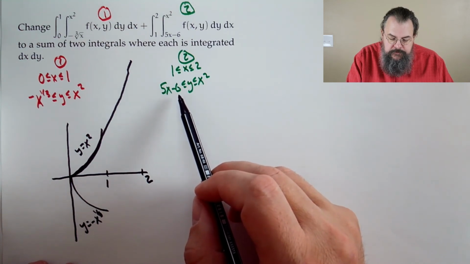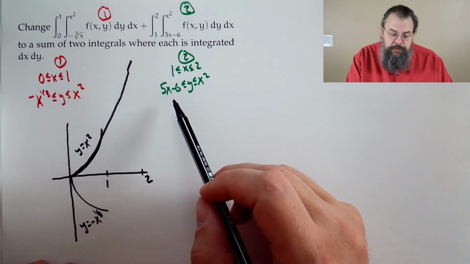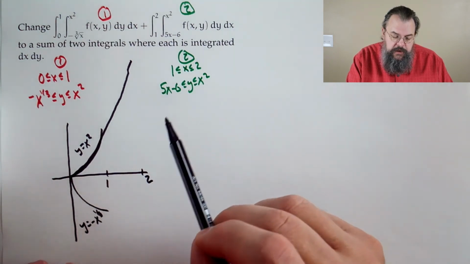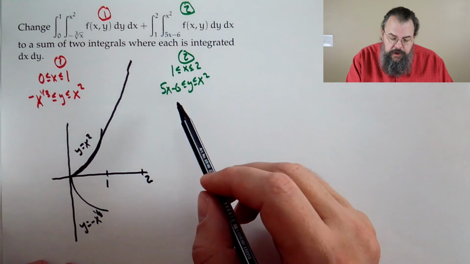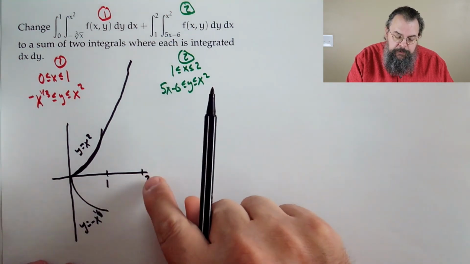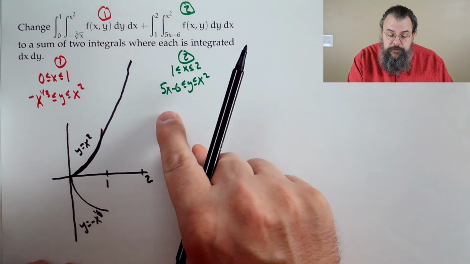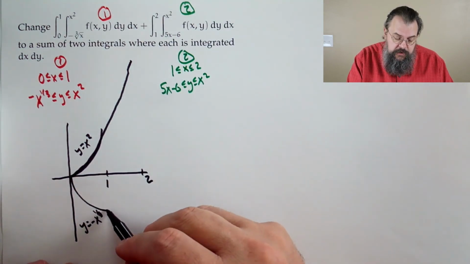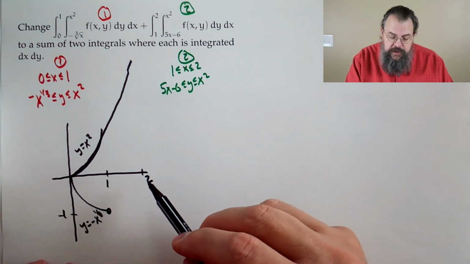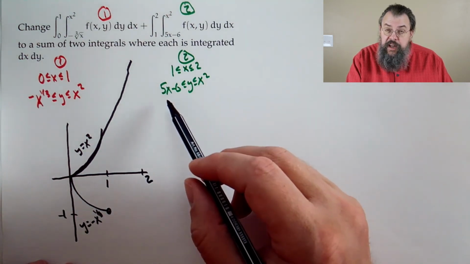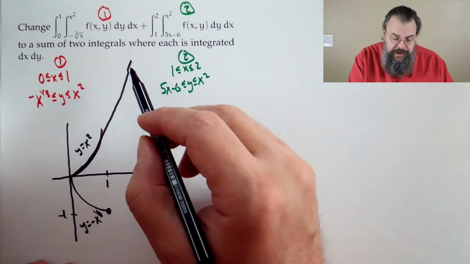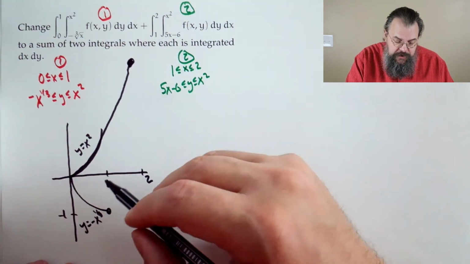Well, that's a line. And to help us get some intuition, we can plug in at the points where we start and stop. At x equals 1, 5 minus 6 is minus 1, which turns out to be right there. And at x equals 2, 10 minus 6 is 4. Well, that matches 2 squared, so it's going to match here.